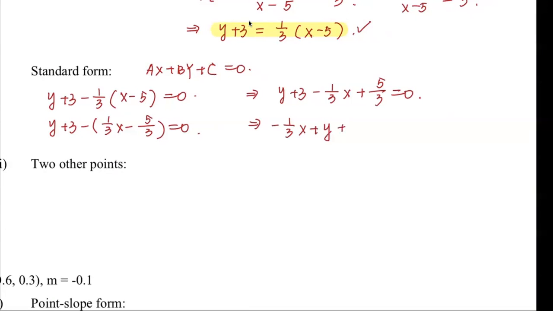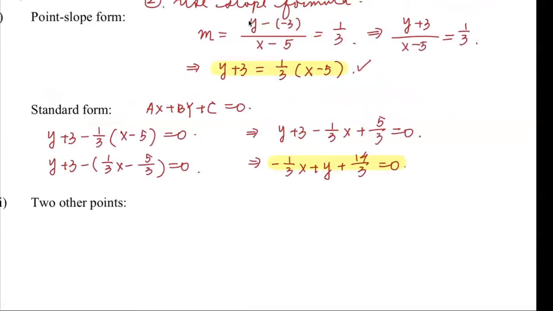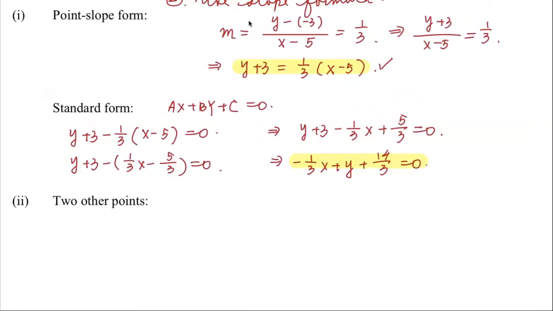So plus 14 over 3 is equal to 0. So this is the standard form that we need to find. Okay, so part 2, basically we used some very simple mathematical operations to change the point slope form to standard form.